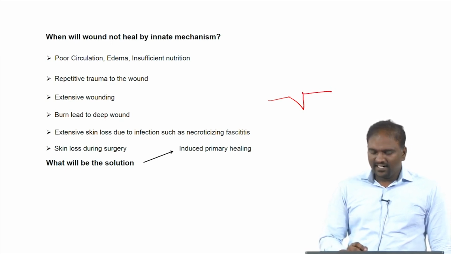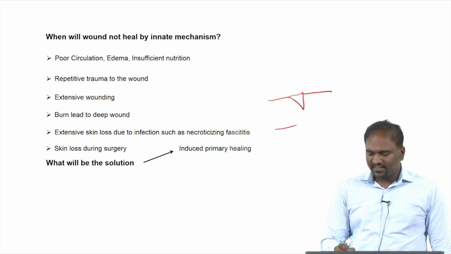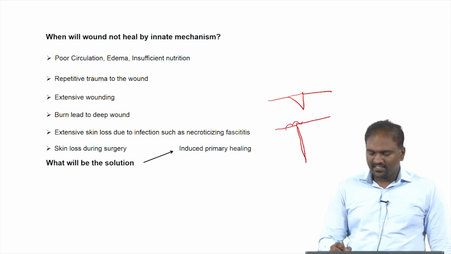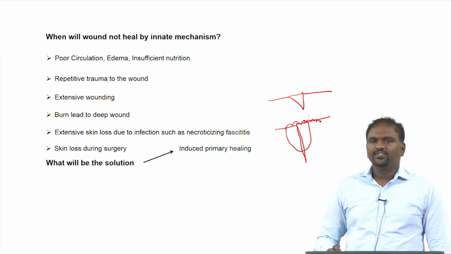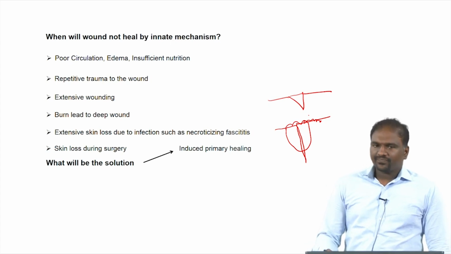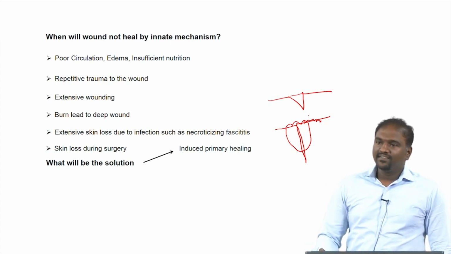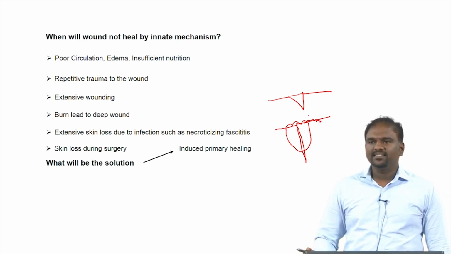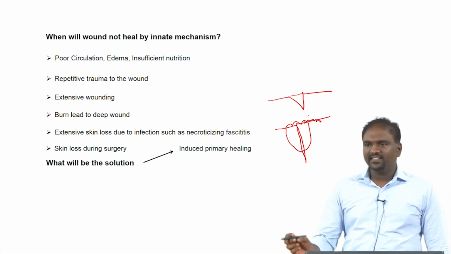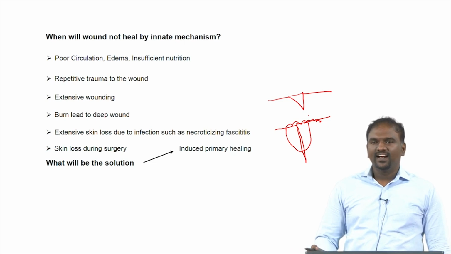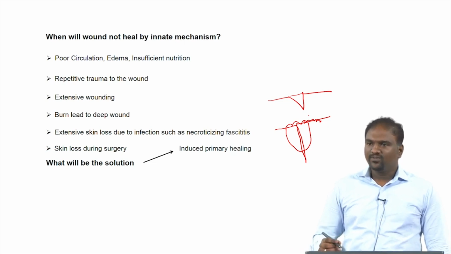In induced primary healing, this portion and this portion are brought together, and they put some stitches over here so that it is totally covered. When this happens, we will be able to heal. But when the wound bed size is large, it is very difficult to bring both sides of the wound together.